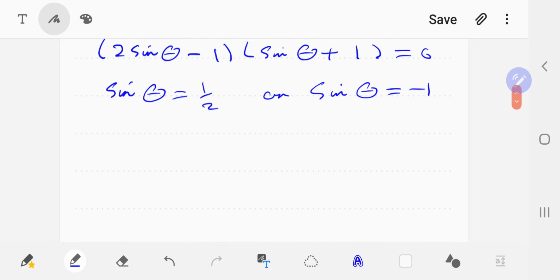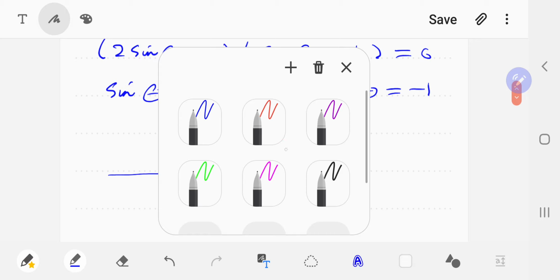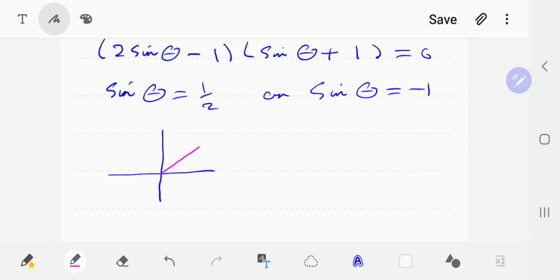Okay, sine theta equals half. This means I'm talking about an angle in the first quadrant, and sine theta equals half. This means that the angle that I'm talking about is 30 degrees. And also I'm talking about an angle in the second quadrant, since sine is positive, which means I'm talking about also 150 degrees.